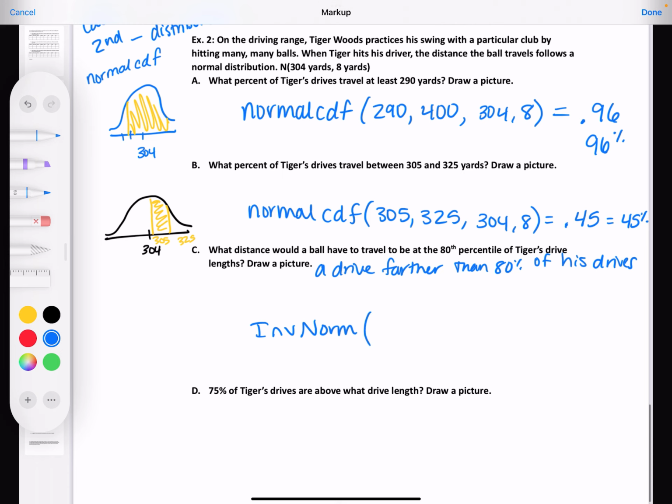And when you click on it, it's going to ask you for the percentile, but it's going to want it in a decimal, so 0.8, and then mean and standard deviation. Yeah, sorry, the area is the percentile. I couldn't remember what word they used to describe that.